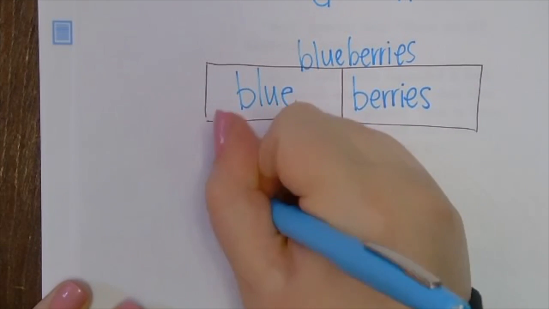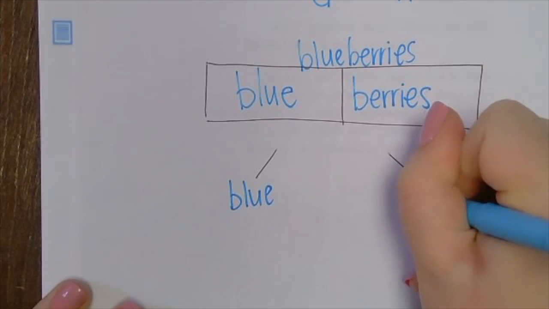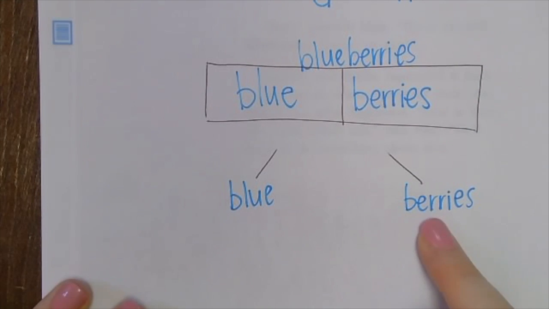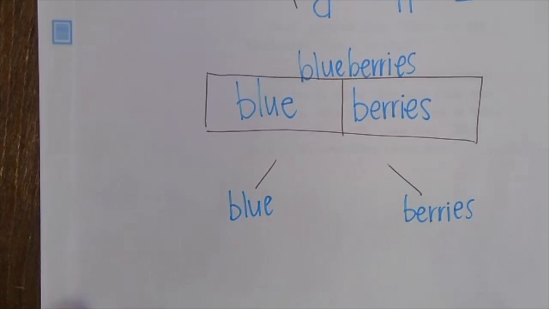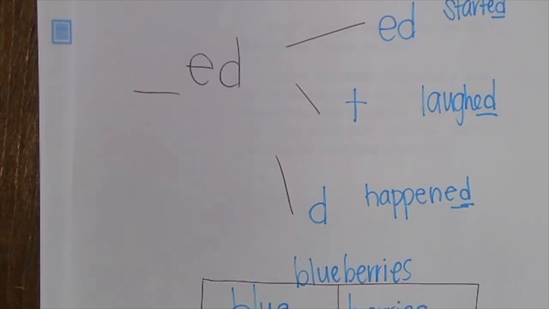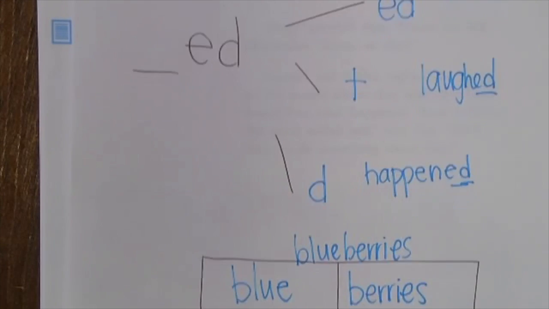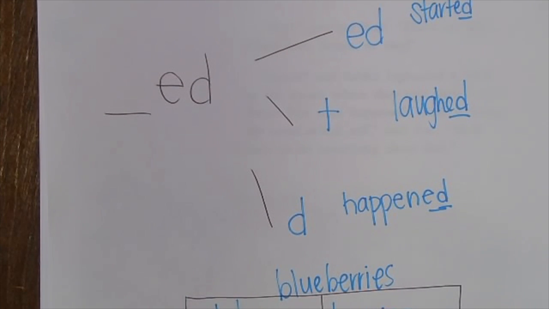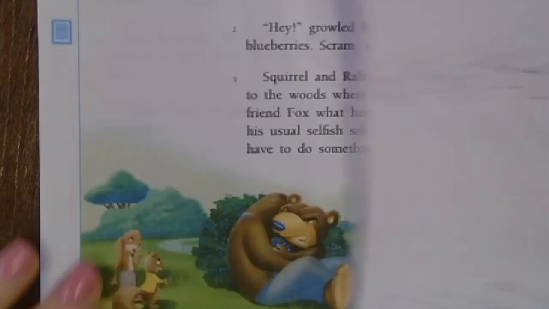But each of those words can stand alone. So that word might look like a really big word, but if you separate it, you can read the words and then put them together. Okay, so we're going to be paying attention to compound words and our ed sounds. You can even underline or circle any words that you see that have those.